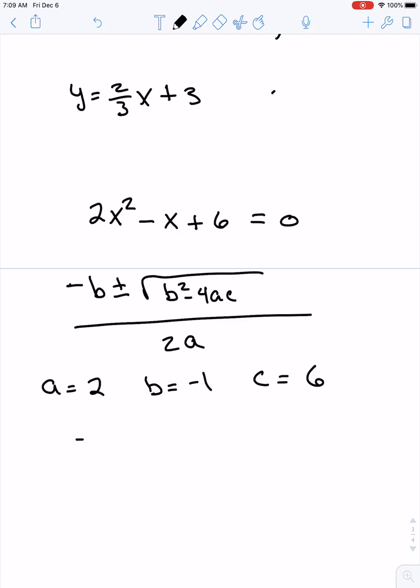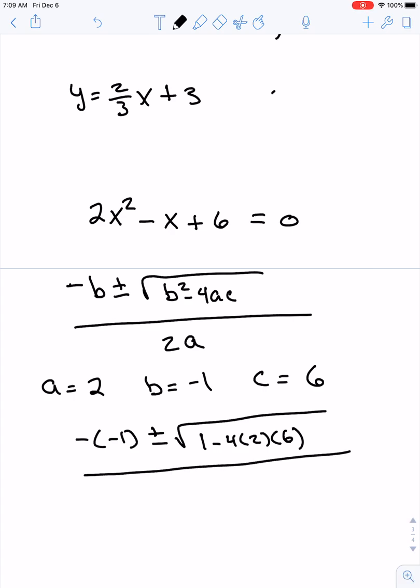So this gives us -1 plus or minus the square root of -1 squared, which is 1, minus 4 times a times c, divided by 2 times a.